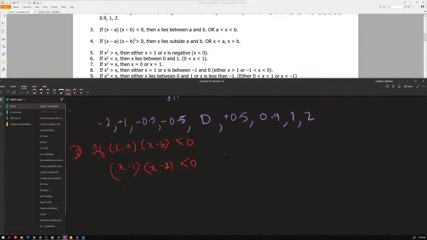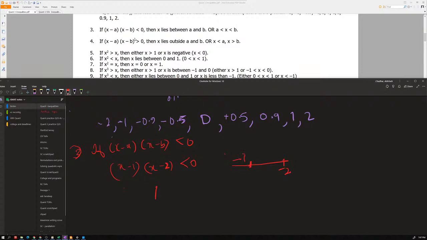Weird. 0, 1, 2 is gone. So let's take 3, right? So 3 minus 2 will become 1. This will become positive. So again, this is not becoming less than 0. So basically you are seeing, right? I've taken all the values, but it is not coming in that range.